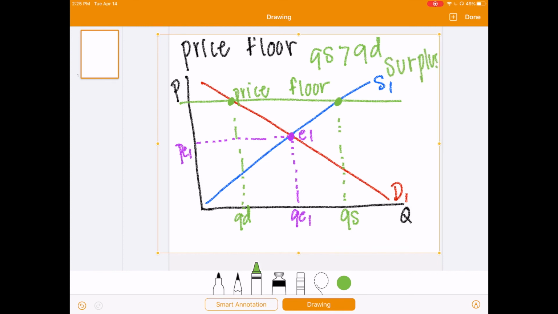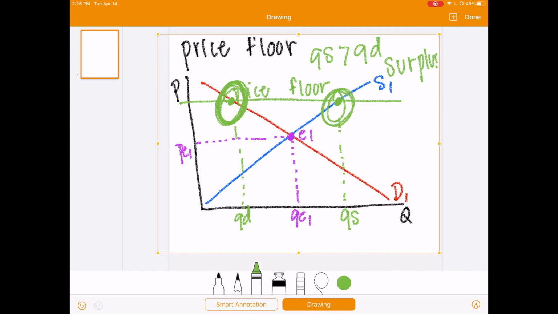So a lot of times this will be minimum wage. And so the government has set a price floor and is saying minimum wage is here. But how many of you want to actually work at minimum wage? You guys would be here, the ones willing to work at minimum wage. Minimum wage jobs being supplied are here. So not as many people want jobs that pay minimum wage. They want to be paid more than minimum wage.